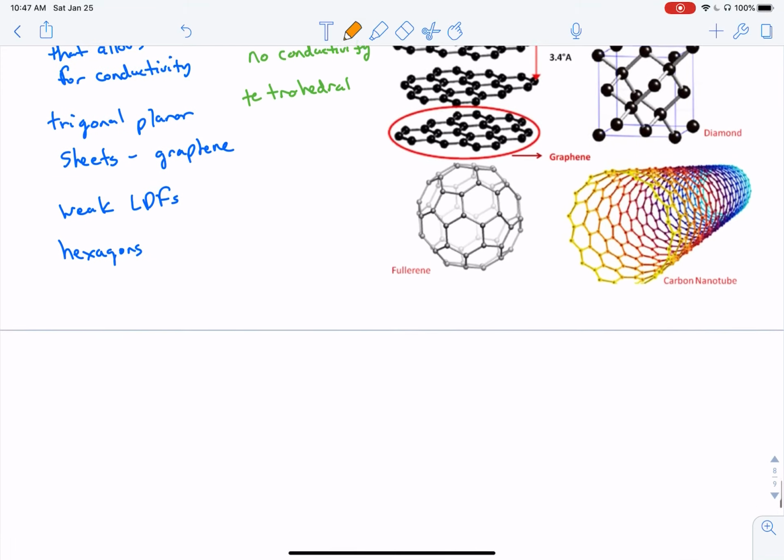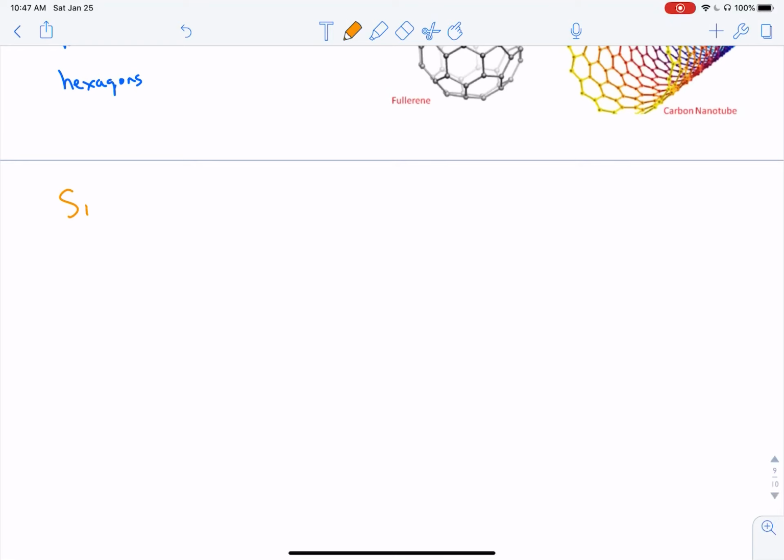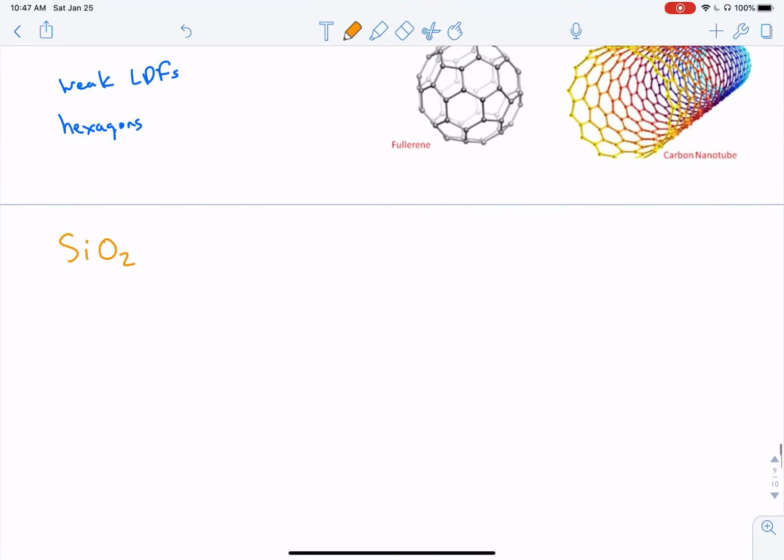Okay, last thing. SiO2, silicon dioxide. The reason silicon dioxide is important is twofold. One, it is a giant network covalent solid. But two, silicon is in the same group as carbon. So you would think it would bond the same way carbon does, double bonds to oxygen, but it doesn't because it's a network covalent.